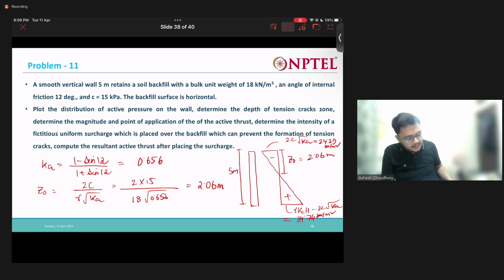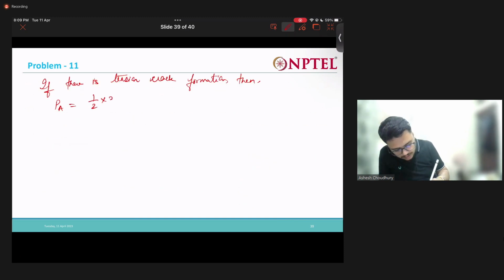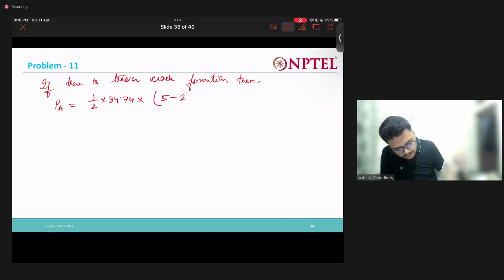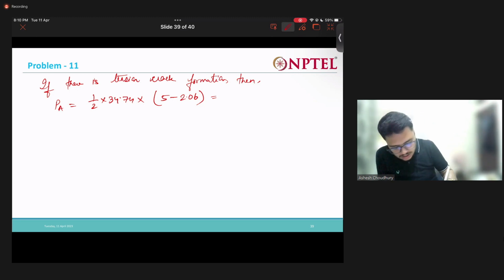The area of the lower triangle, nothing but half into 34.74 into total height, which is 5 meter, minus z naught 2.06. So half into 34.74 into 5 minus 2.06 is 51.07 kilonewton per meter.